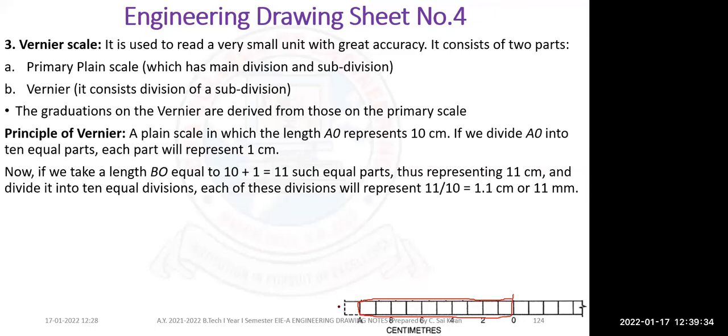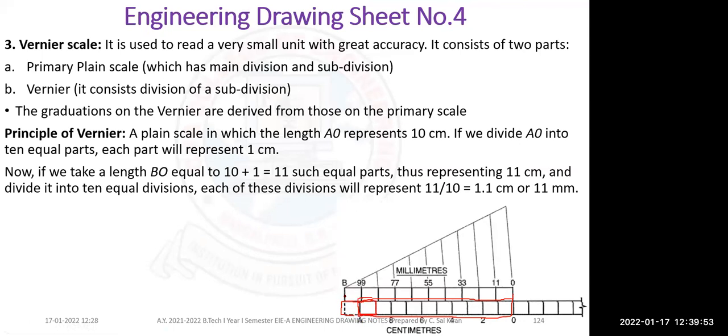I will measure 9 to A, which is 1 centimeter, and I will take one subdivision and add one more subdivision here. That same division length I'm adding here. Already this is 10 centimeter, and I'm adding one more centimeter, so the total will become 11 centimeter.